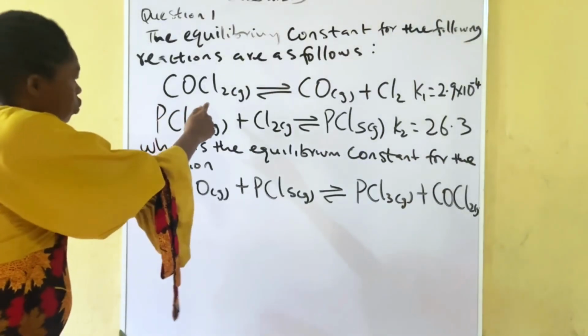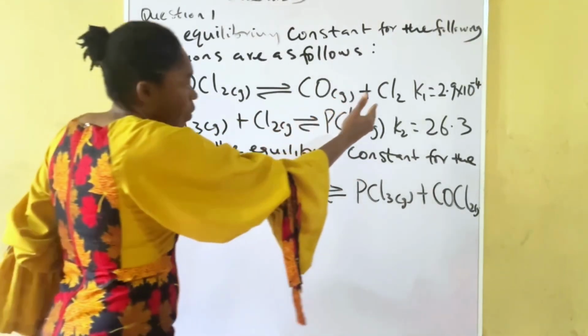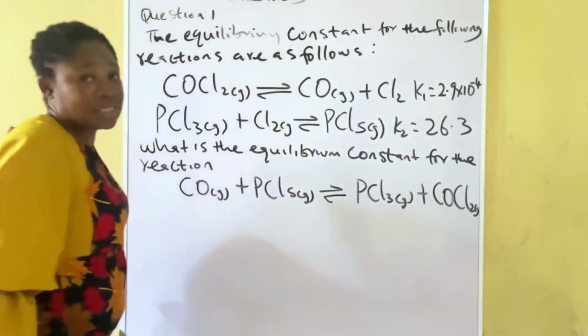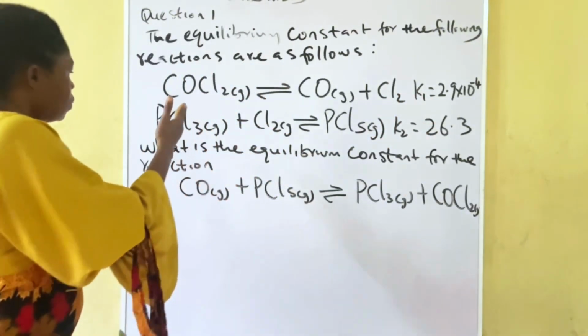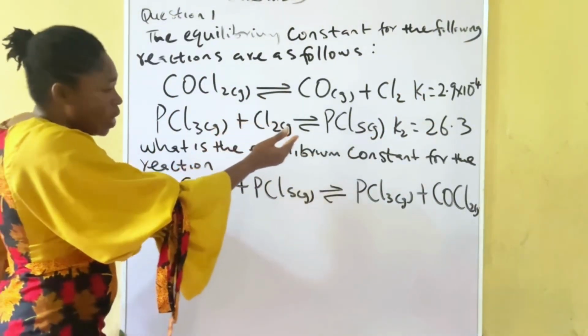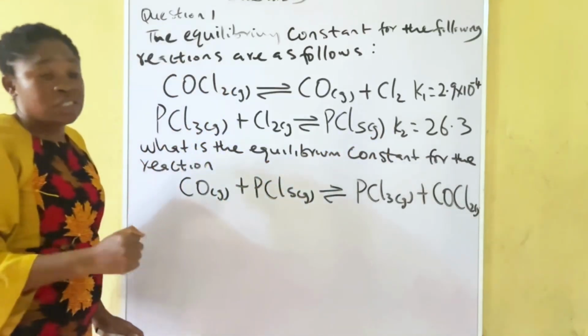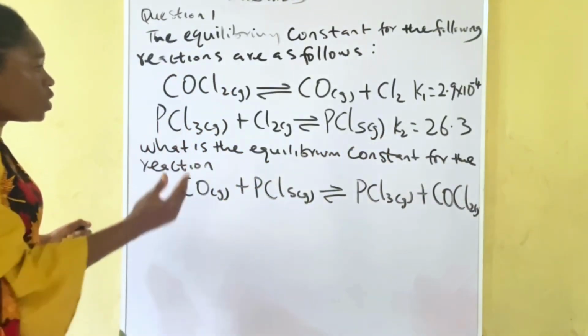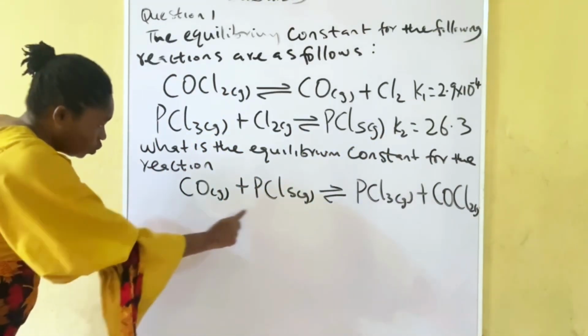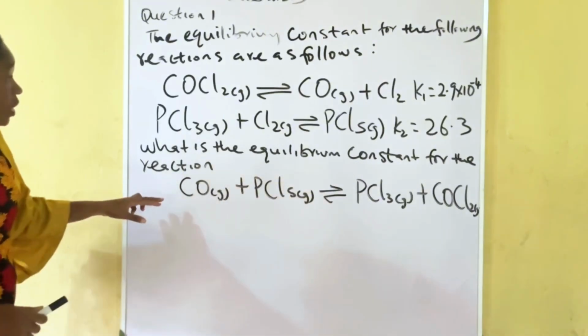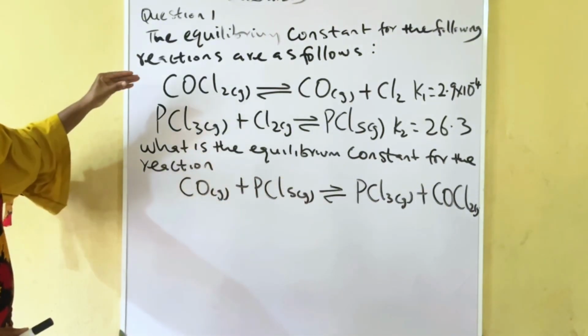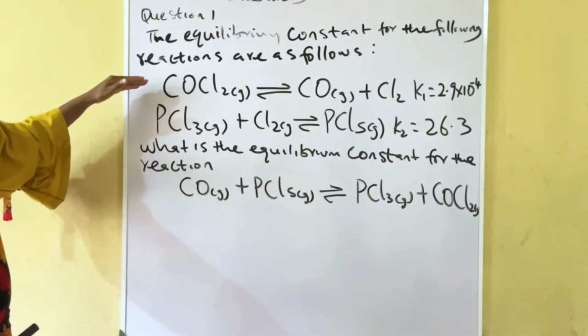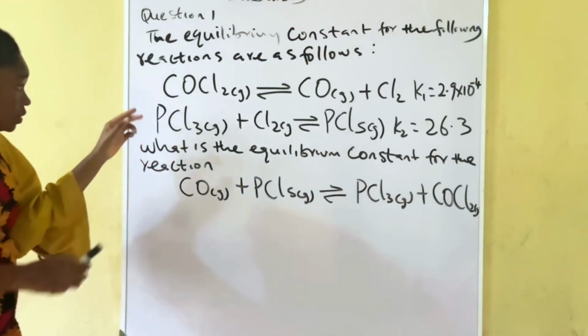You can see this equation, and the equilibrium constant K1 is 2.9 times 10 raised to the power minus 4. For equation 2, the equilibrium constant K2 is equal to 26.3. What is the equilibrium constant for this reaction? As you can see, this is the overall reaction for the two equations.